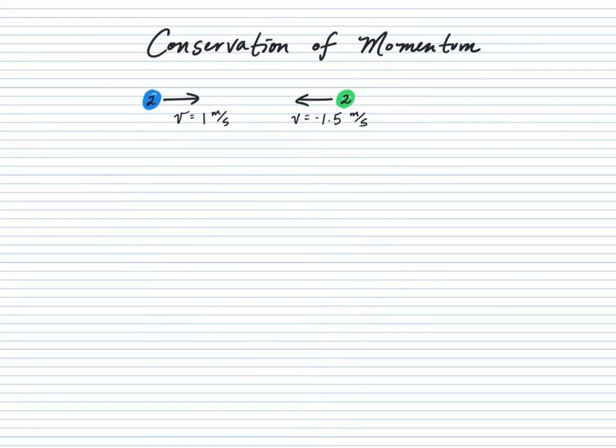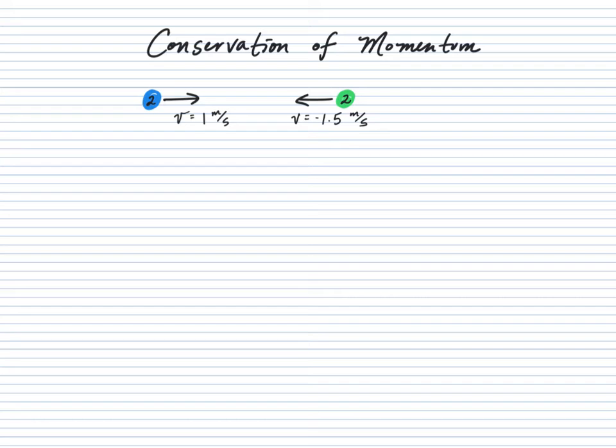All right, so conservation of momentum. In that PhET simulation that you were working on today, we were just colliding objects into one another, and a really simple example that we started out with was two objects of the same mass, each with a mass of 2 kilograms, we'll say, but slightly different velocities. So what's going to happen here when these two things collide?